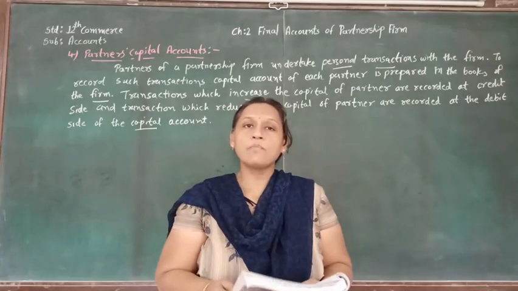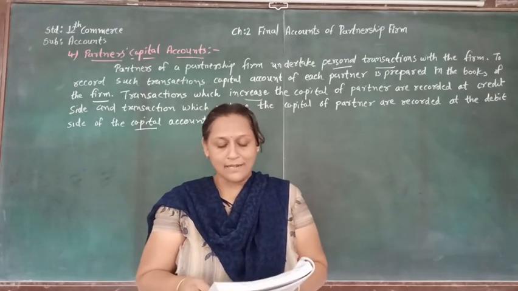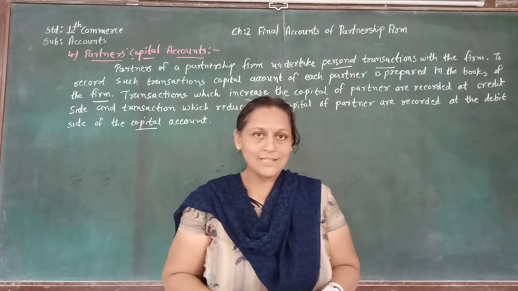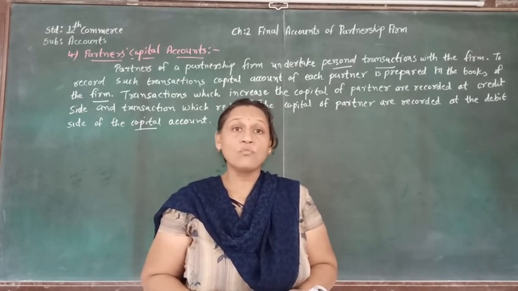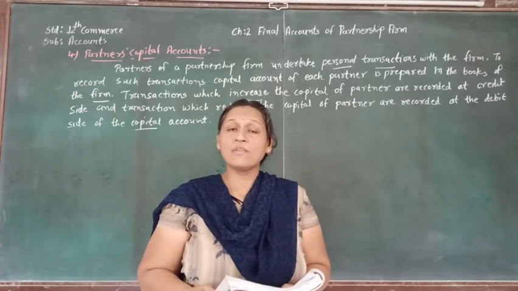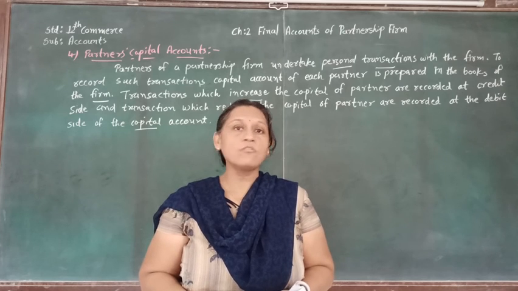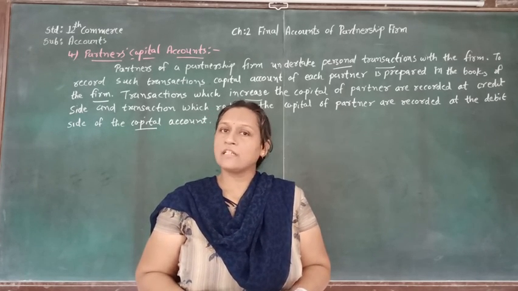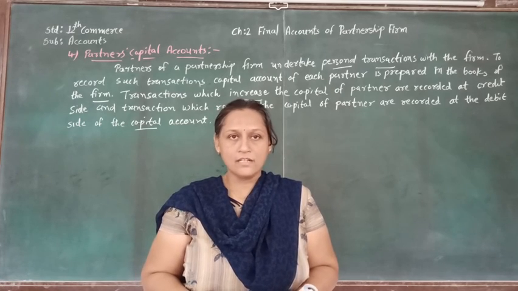Lastly, divisible profit is supposed to be credited to partner's current account. This is how we have to prepare the partner's current account, and then we find out the closing balance of partner's current account. And as we have discussed before, a partner's current account can have a debit or credit balance.